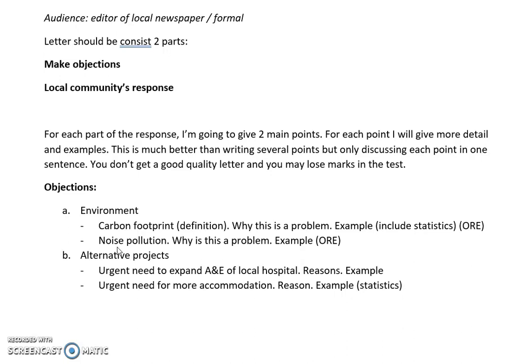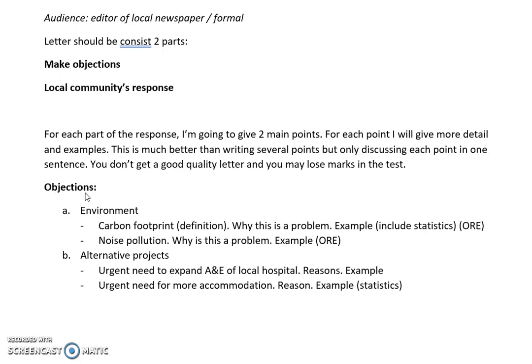So that's what I mean. Noise pollution, my opinion. Why is this a problem? This is my reason, and I'm going to give examples like people having to move. That's my example again, ORE. Okay. So that's going to be paragraph number 2 in my letter.